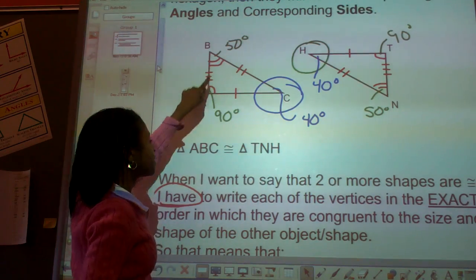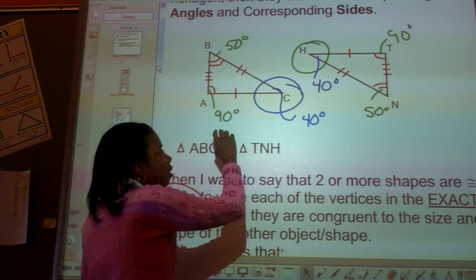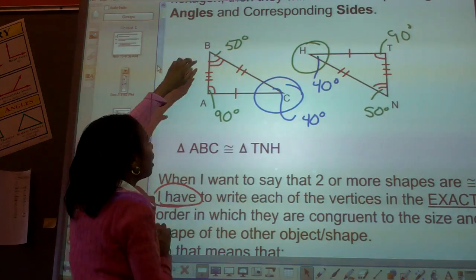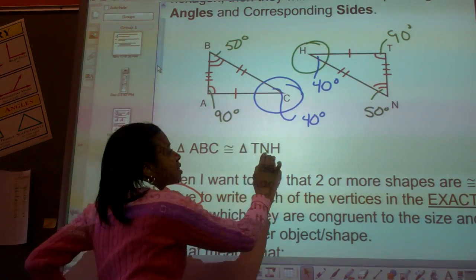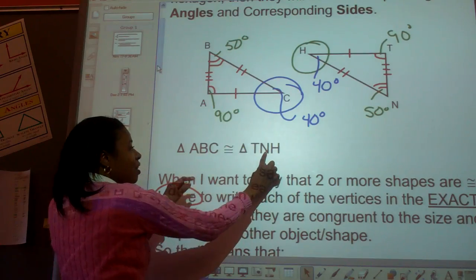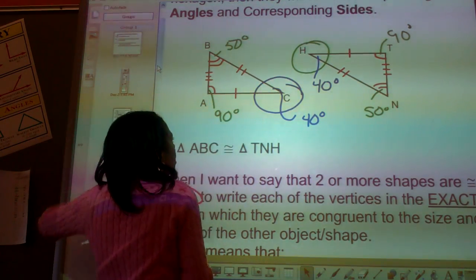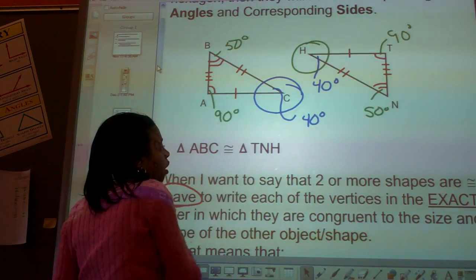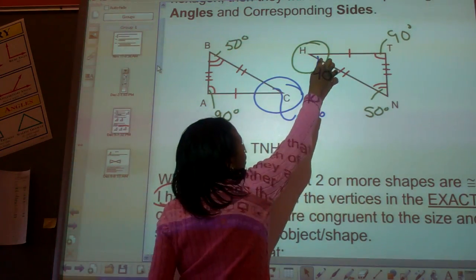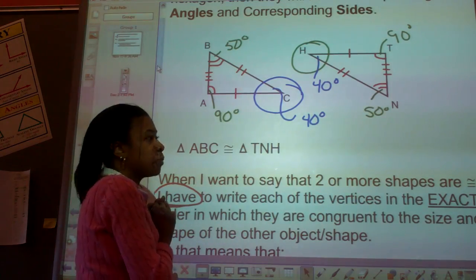Which angle corresponds to B? Well, on the other triangle, T, N and H, angle N corresponds to angle B. So I put it in the second position because I said that B corresponds to N. And finally, angle C corresponds to what on triangle TNH? Angle H. So they have to be in the same position.